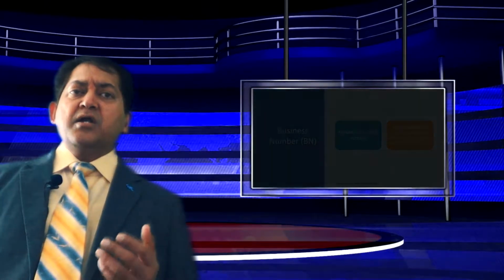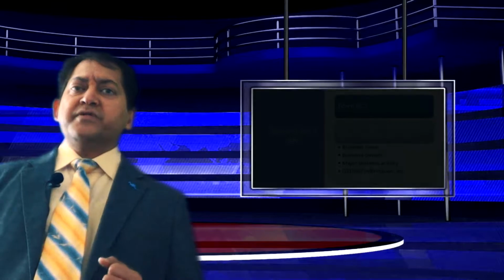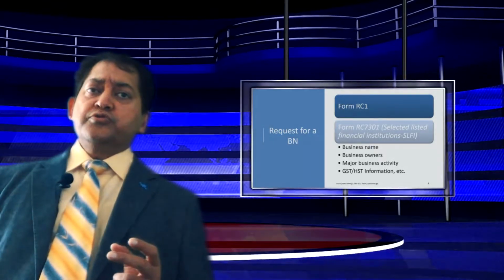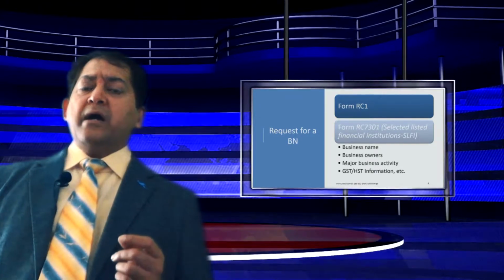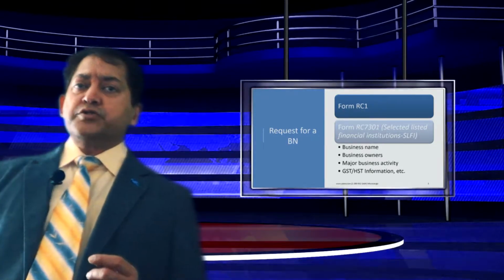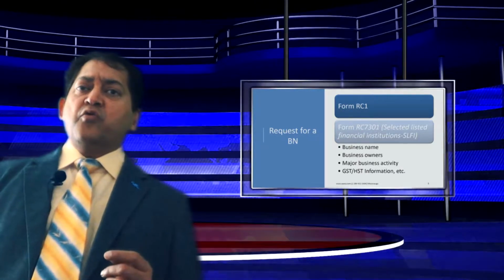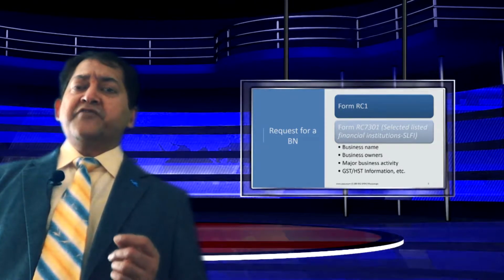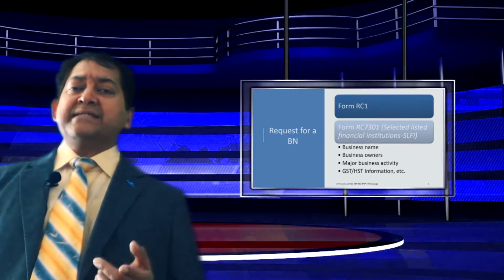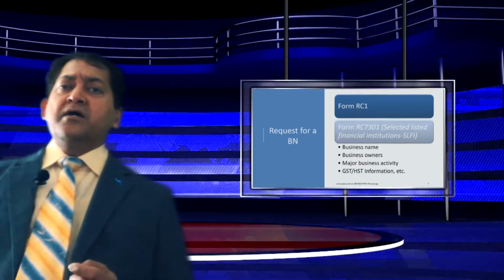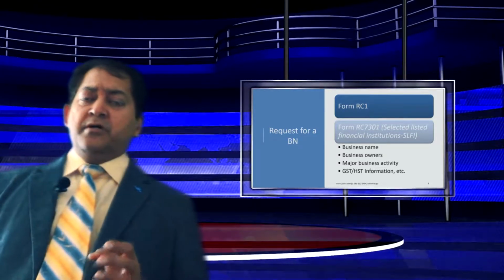Whenever you have to make a request to get a business number from the CRA, usually there are two forms that are used. One form is called Form RC1. The other is called Form RC7301. RC7301 is intended for selected listed financial institutions, also called SLFI, whereas Form RC1 may be used by other users or business persons.